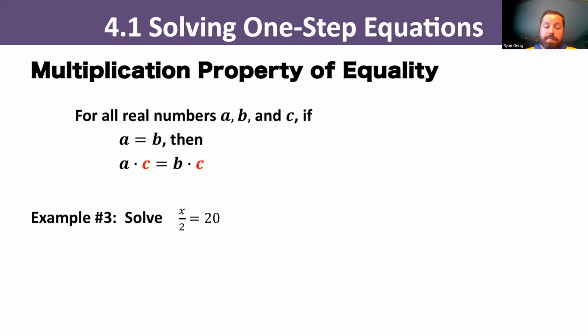I'm going to multiply both sides of this equation by 2. Why 2? Well, the 2 will cancel. 2 divided by 2 makes 1. And then 1 times x, that's the identity property of multiplication. So I'm left with just x on the left-hand side. Then I have to do 20 times 2 to get my answer for x, which is 40.